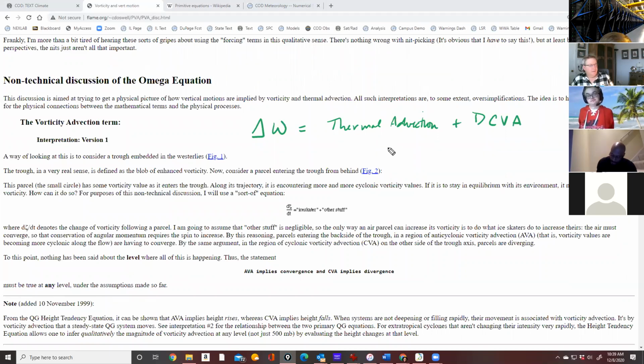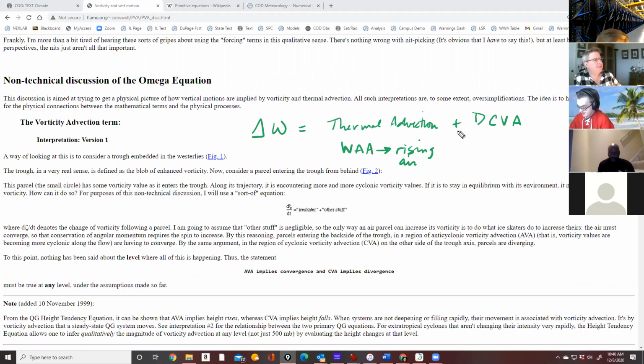Thermal advection means warm air advection means rising air. We have taught in forecasting in all my classes, warm air advection implies rising air.